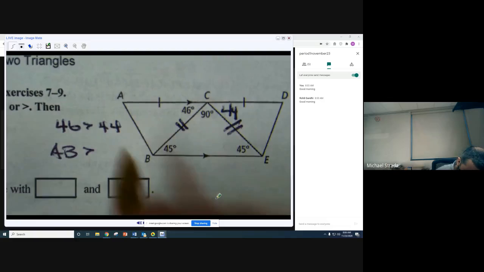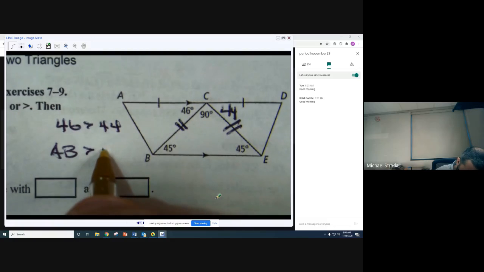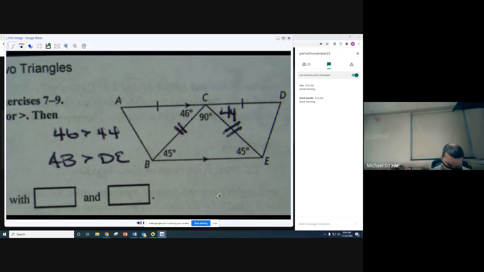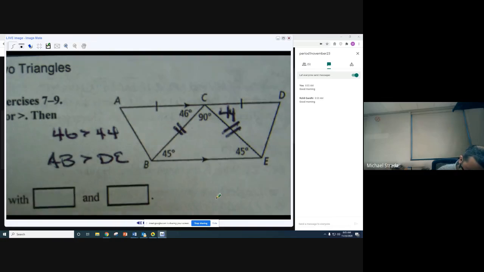Opposite the 44 is ED, or DE. All right. So therefore, that is the conclusion we can get. All right. So the measure of angle ACB was greater than the measure of angle BCE.